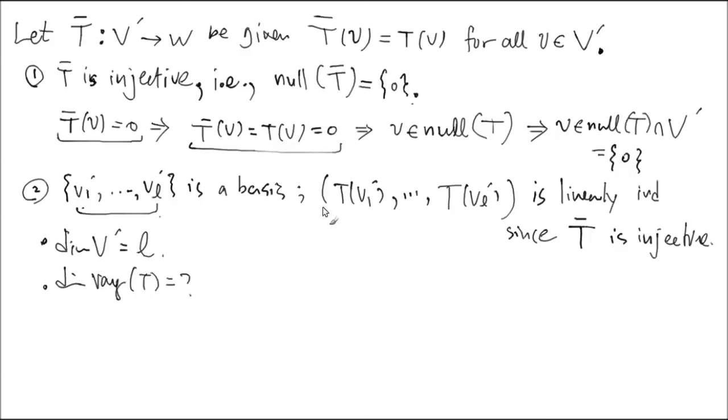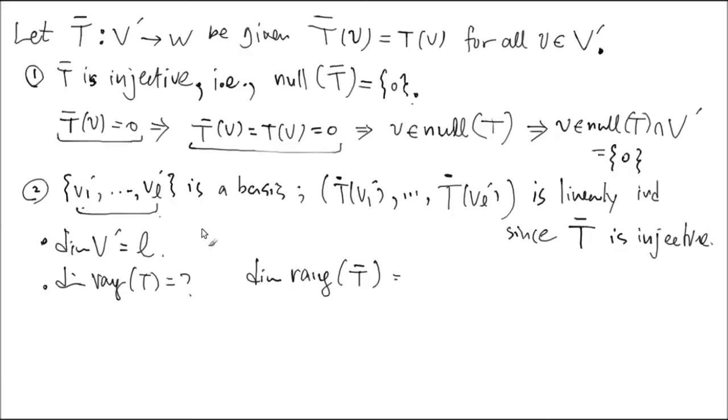But what is the conclusion you think by just looking at this statement? It's not about T, but about T bar. I forgot to mention that it is a T bar. Maybe that caused the problem. T is correct because it's the same map, but T bar is a better notation here. So doesn't that show the dimension of the range of T bar is something, right?